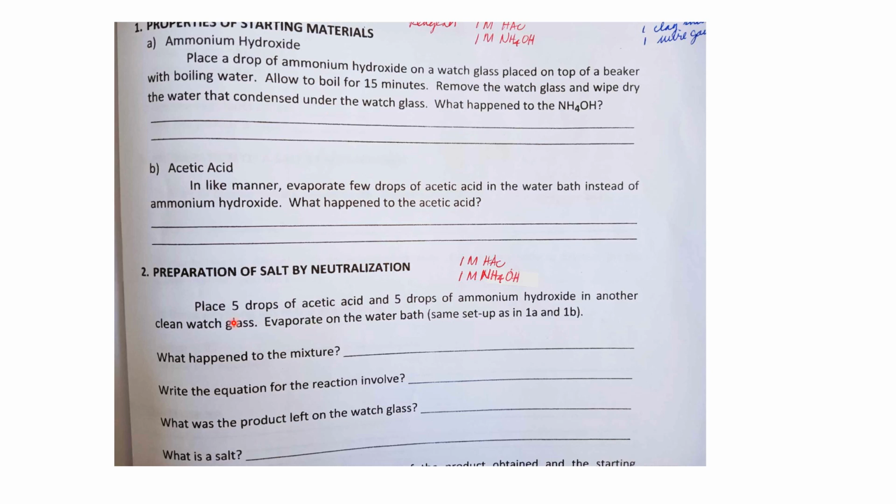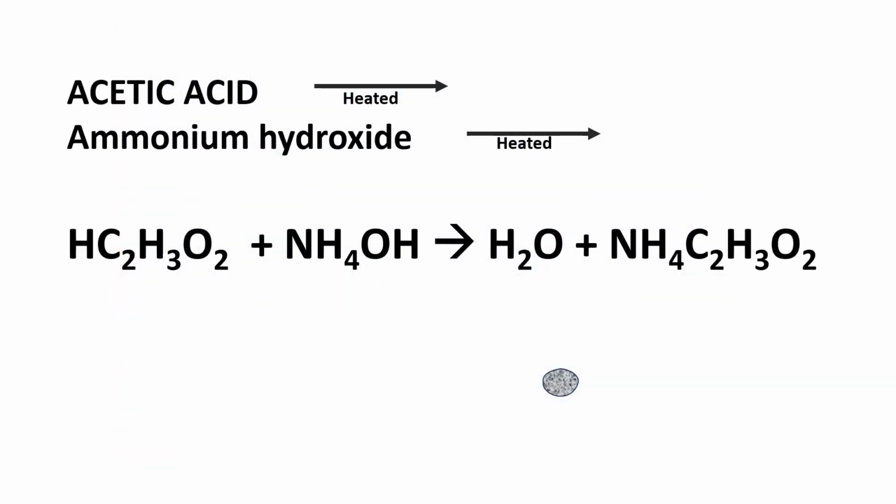Now, when 5 drops of the acetic acid is placed on a watch glass and added with 5 drops of ammonium hydroxide, they are placed together and they are also evaporated to dryness on a water bath. What happens to the mixture? Now, since acetic acid is an acid and ammonium hydroxide is a base, there will be an acid-base reaction, or this is called neutralization.